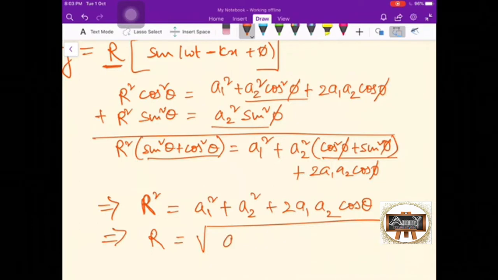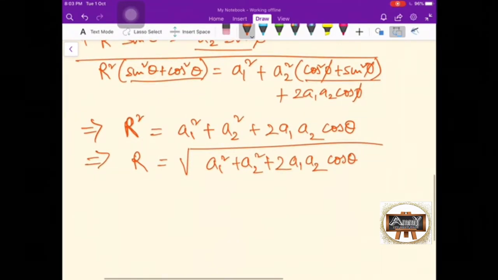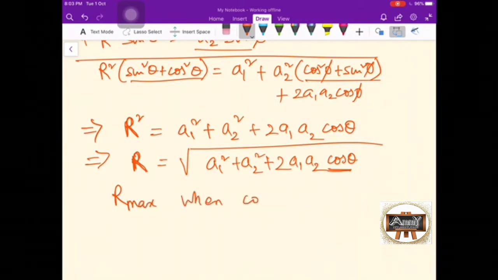I can further reduce this expression by taking the square root on the right hand side. Now you know this resultant r is a function of cos theta. This term r will be maximum when cos theta is 1.